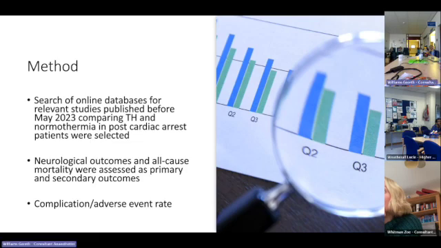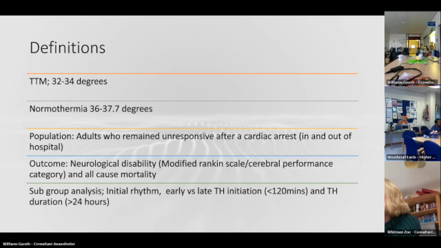So coming back to the trial, methods-wise, it was a search of online databases, with some of the definitions and the characteristics of the population they're looking for. So therapeutic hypothermia, I'll just refer to it as TH here, was defined as actively cooling patients to 32 to 34 degrees.